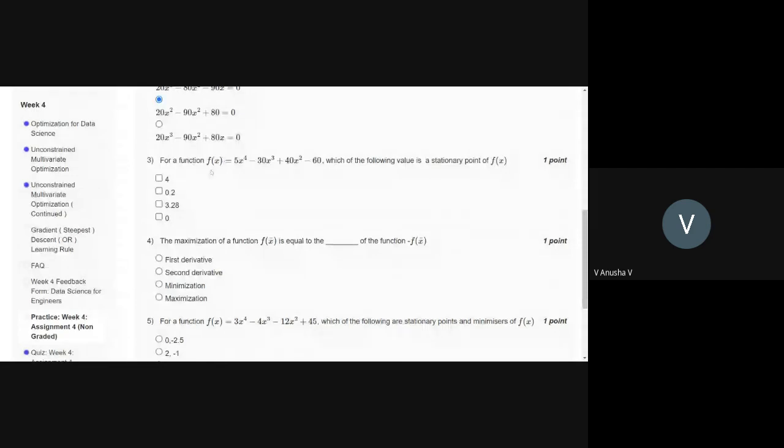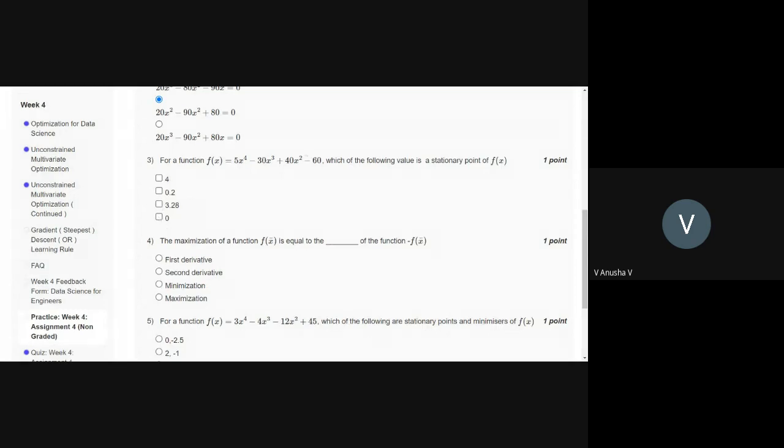They are saying that for the same function f of x, which of the following values is a stationary point? So first you have to calculate the derivative of f of x. Once I calculate the derivative, I will get the equation 20x cube minus 90x squared plus 80x, and that f dash of x should be equal to 0, and I need to substitute one of these values.